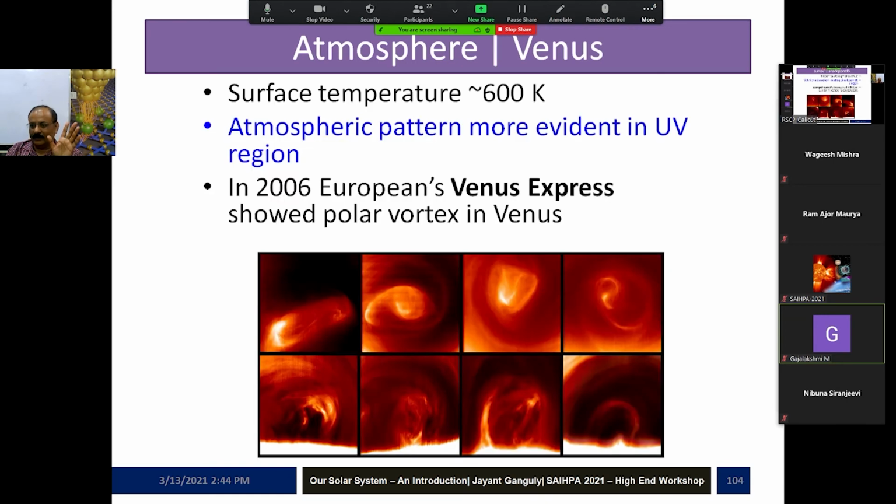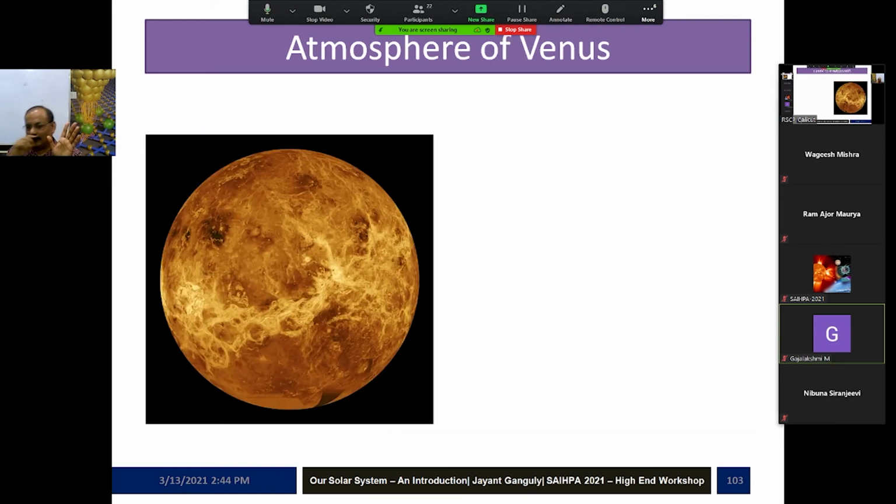Then the atmosphere. People have actually studied the atmosphere, and some probes have already been put in to transmit.